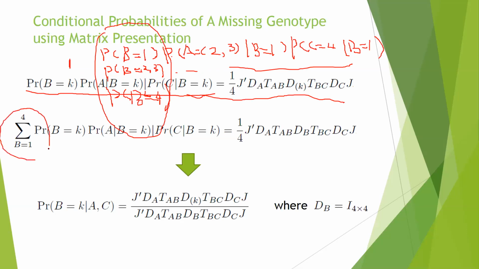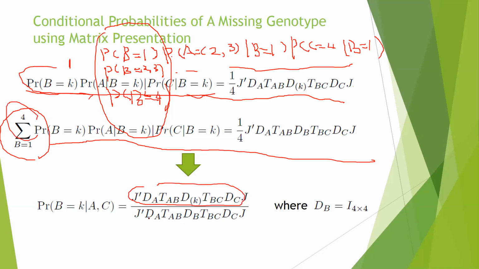If you sum these, this gives you the total probability over all possible genotypes of B. If you take this term divided by the summation, the whole thing, this gives you the posterior probability: given the information you observed at loci A and C, what's the probability that B will take the specific genotype you want?